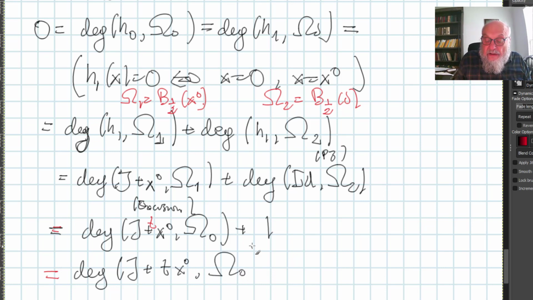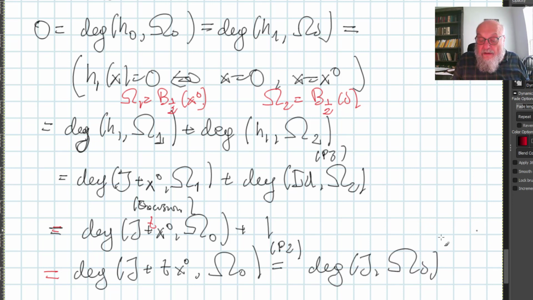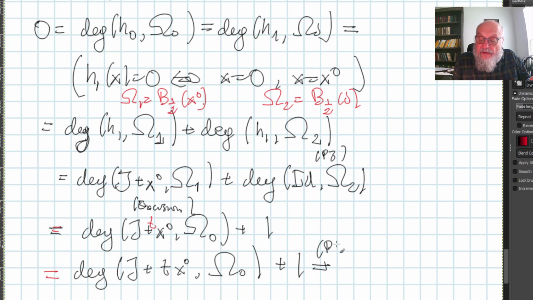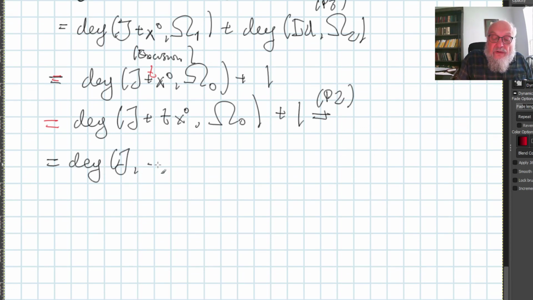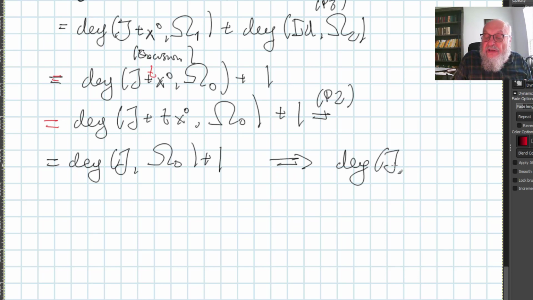Then by the homotopy property P2, the degree of j on omega 0 plus 1 is equal to 1, and that implies that the degree of j on omega 0 is equal to minus 1, and we achieved the goal.